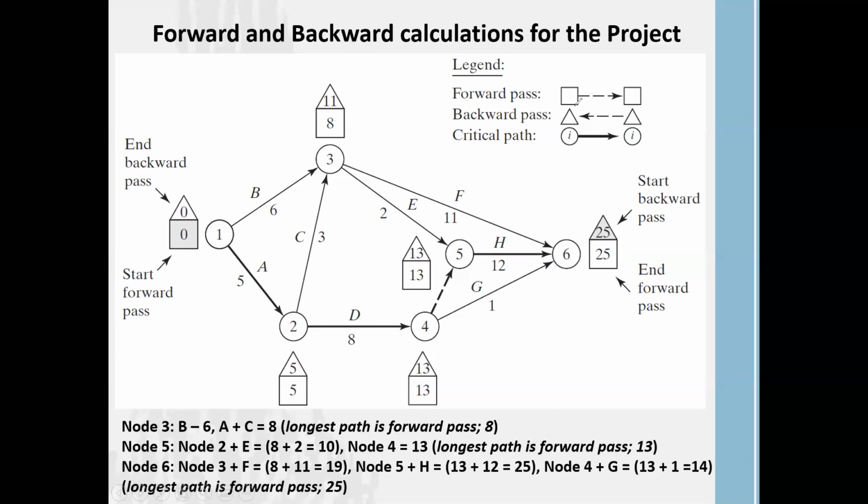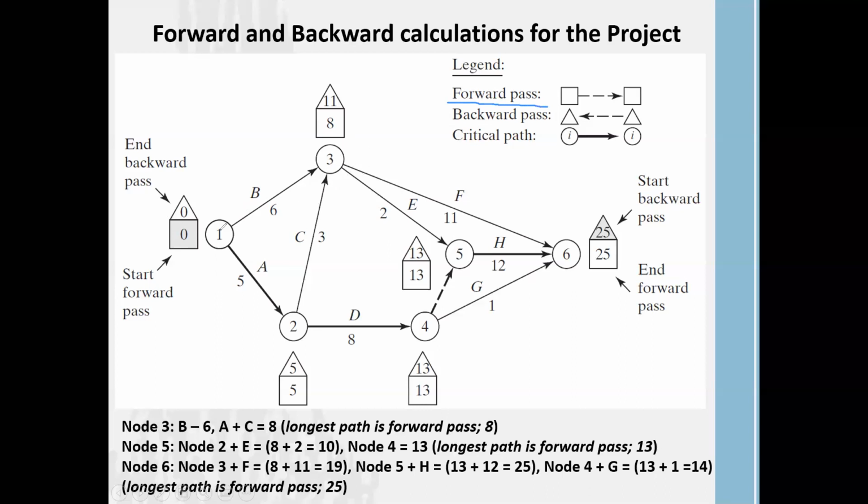Now we are going to calculate the forward pass. In your diagram, it is denoted as a square. For the triangle, it is the backward pass. Forward pass means once we start the project, how much time is required for the other tasks to complete.